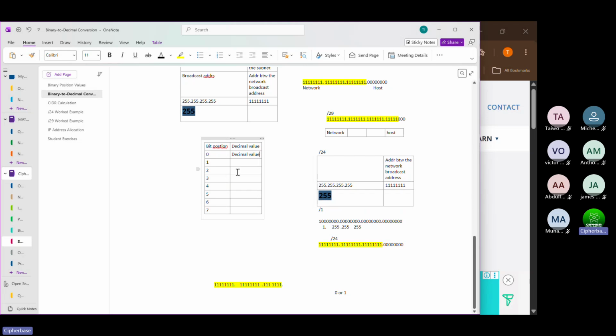If you raise this to the power, the base 2, we put this one now in base 2. We know that 2 raised to power 0 is 1.